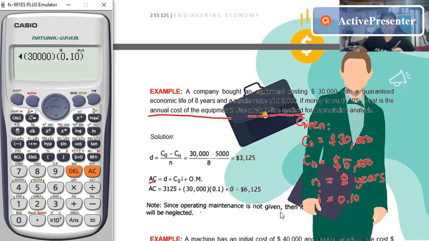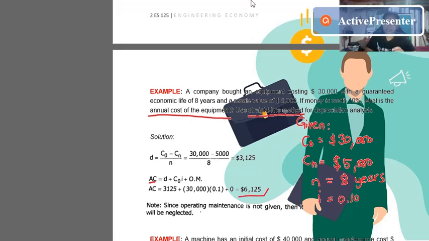The problem did not give an operating maintenance cost, so plus 0. So our annual cost will be 6,125 US dollar. So this is our final answer.